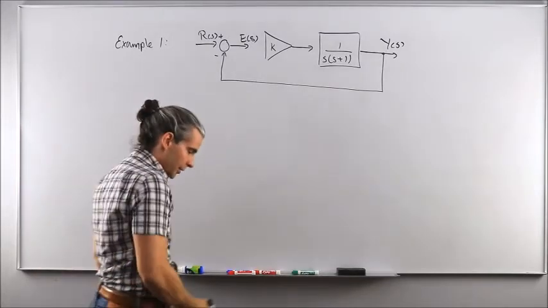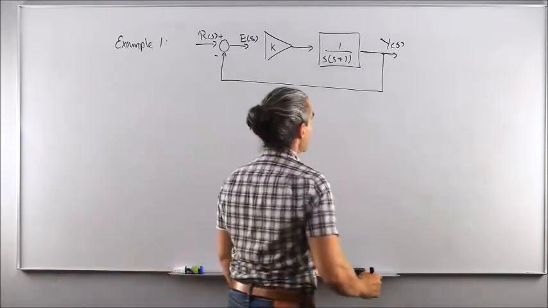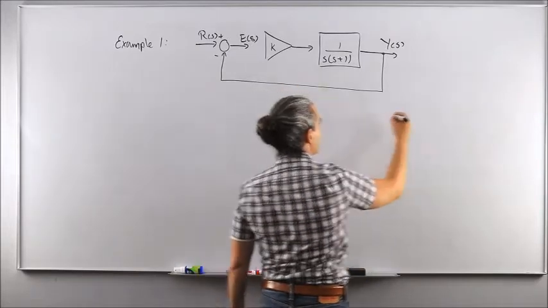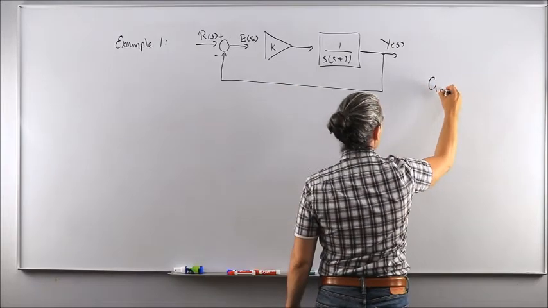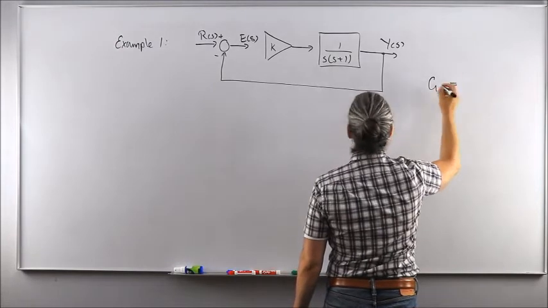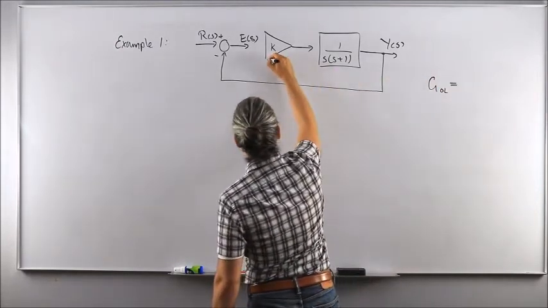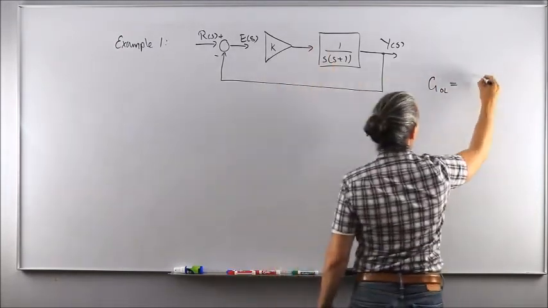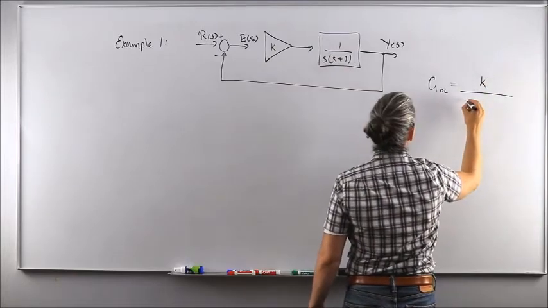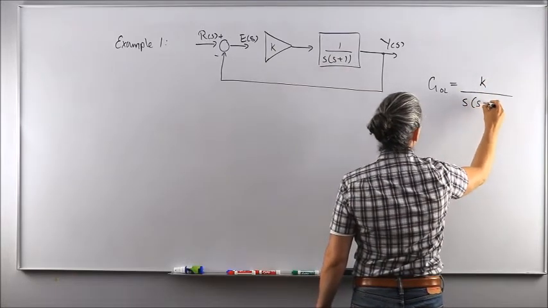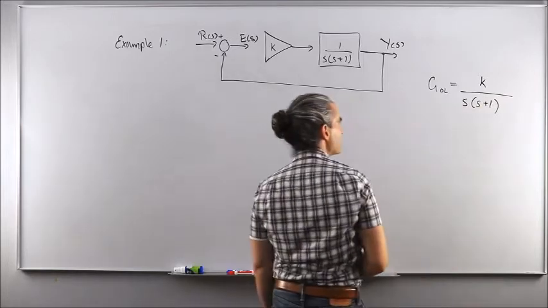Okay, well, I know that pretty much all the steps are based off the open loop transfer function, so let me figure it out. Open loop transfer function, in that case, it's just K that multiplies this one, or alternatively K over S times S plus 1.